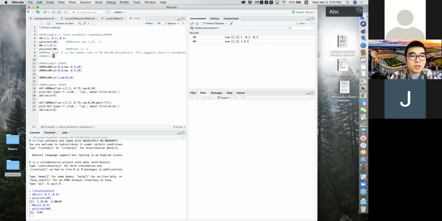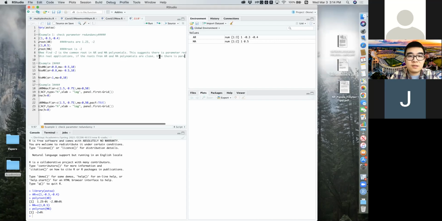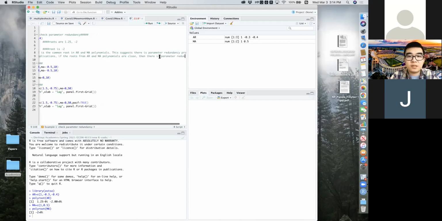In real applications, if the roots from the AR and MA polynomials are close, then there is a parameter redundancy problem.